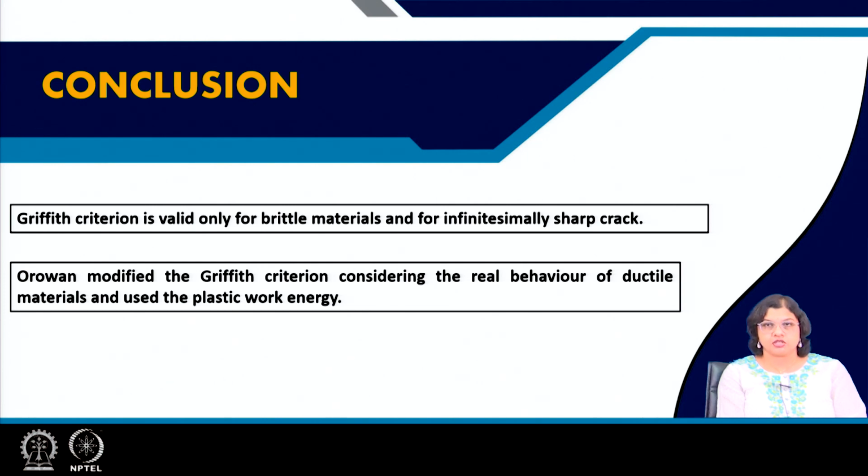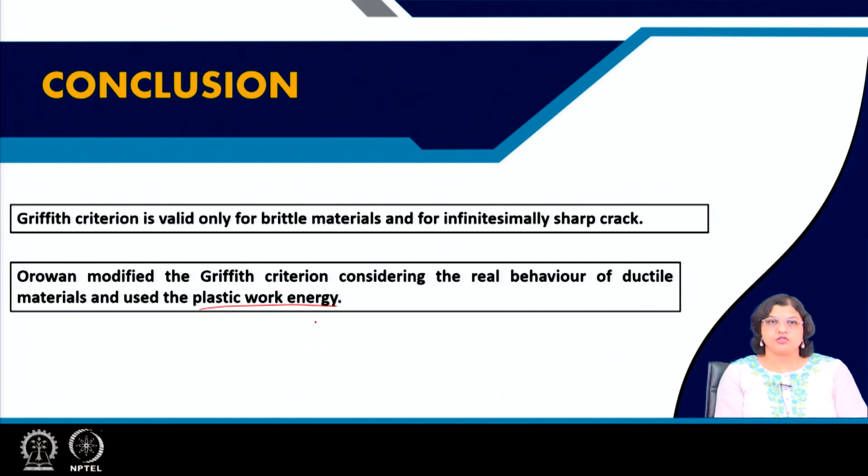That calls for the plastic work energy, which typically is much higher than the surface energy of a material, and in case of ductile materials, this plastic work energy cannot be ignored and should be included in the relation.